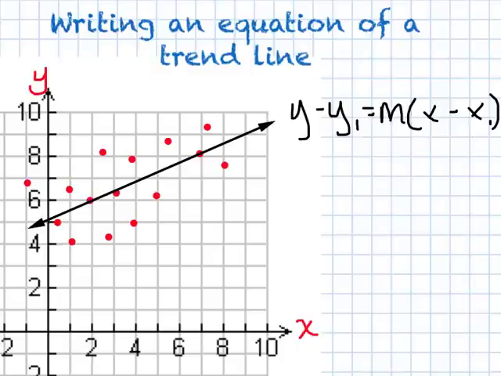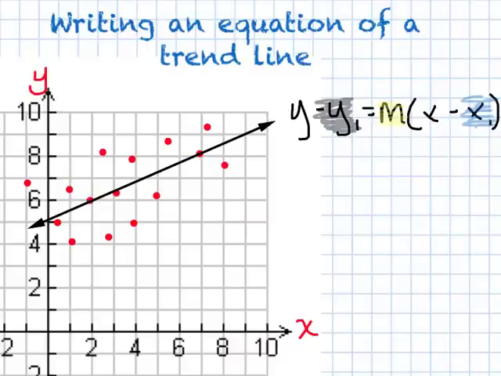Now remember, the only numbers that we change: we are going to find a y value and plug it in, find a slope and plug it in, and find an x value and plug it in. Our original y and x, not the y1 or the x1, but just the plain old y and x, those are just going to stay the same.